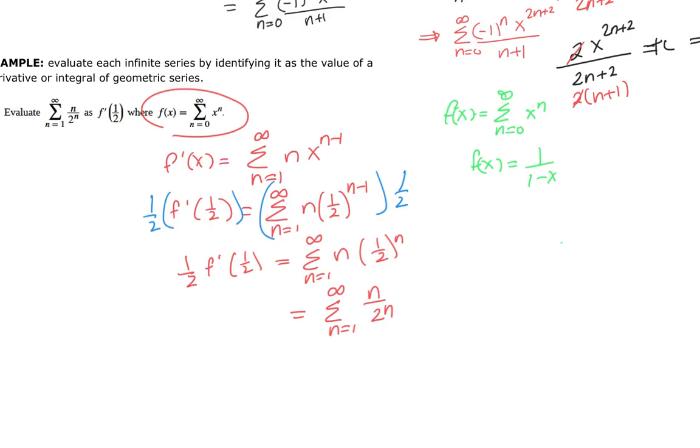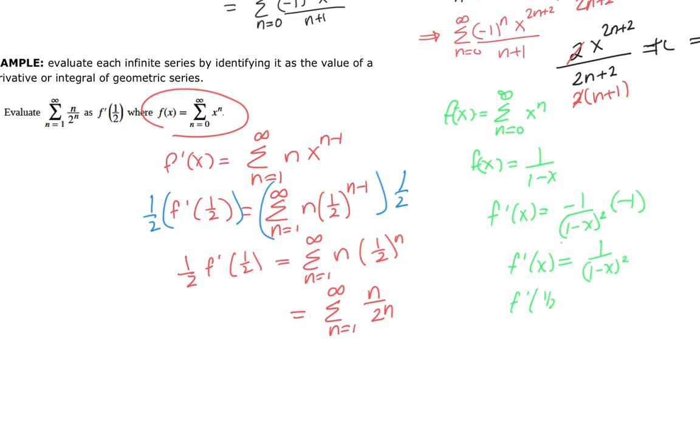If I were to do the derivative now of this, I'd get f prime of x, and this is going to be negative 1 over 1 minus x, the quantity squared, multiplied by negative 1, which means f prime of x is equal to 1 over 1 minus x, the quantity squared.